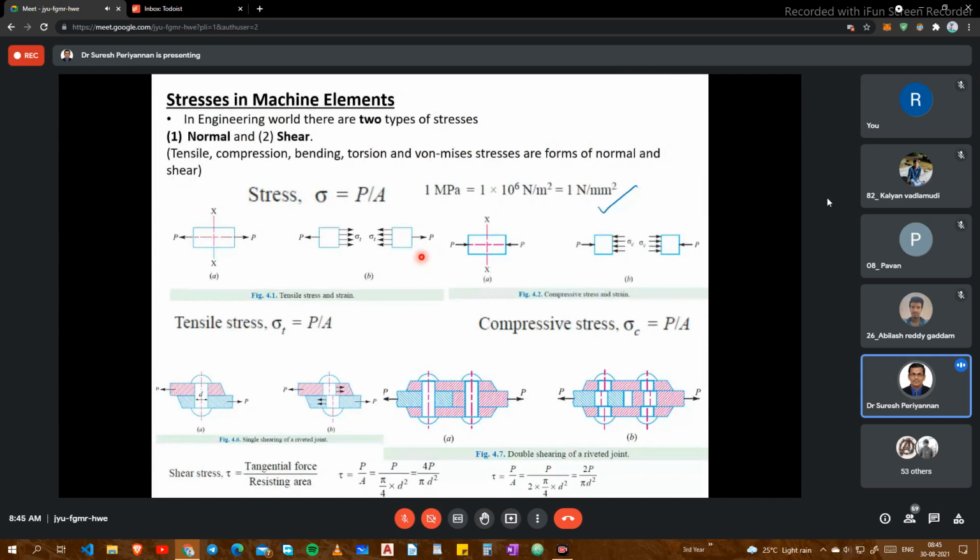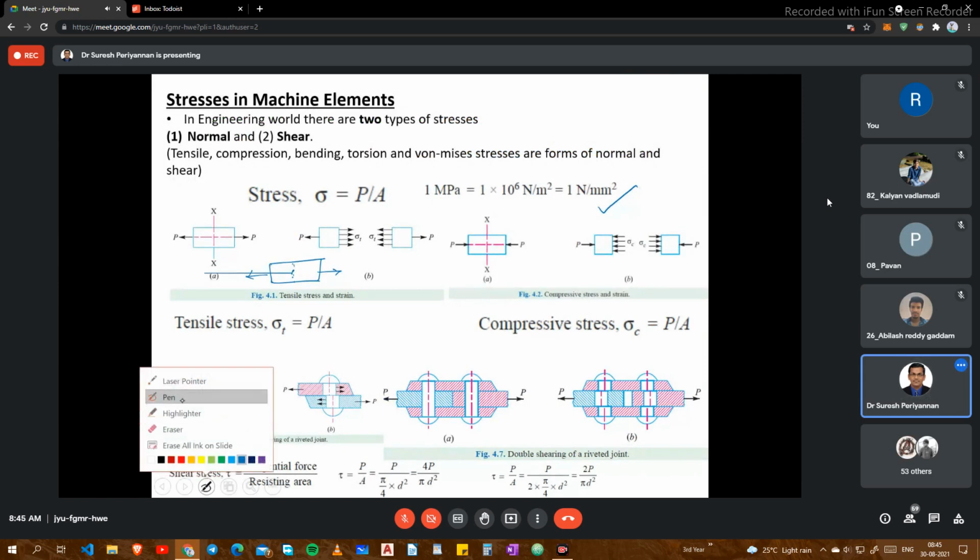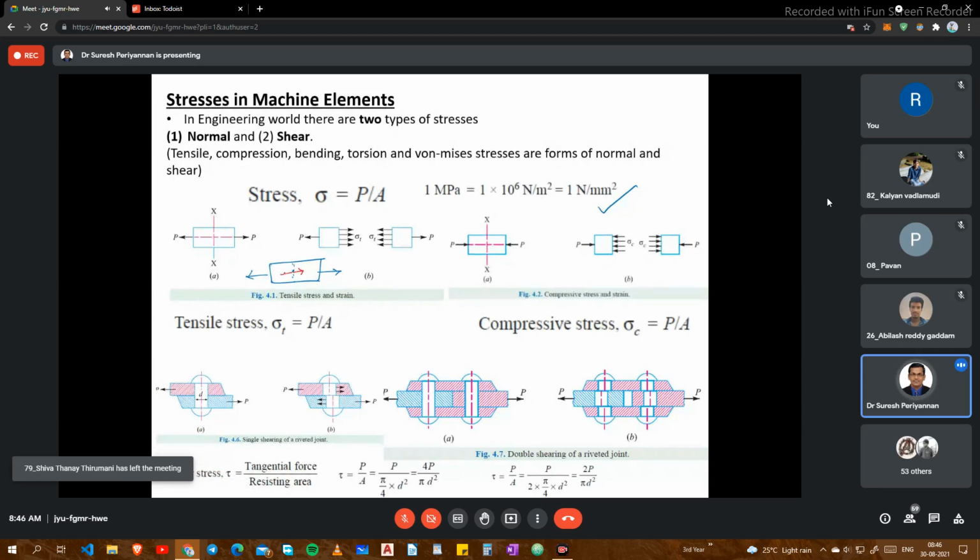Now, when a component is subjected to tensile load, what will happen? This is a simple component, and these are the particles. When the component is subjected to a load acting in this direction, a resisting force is created in each particle.